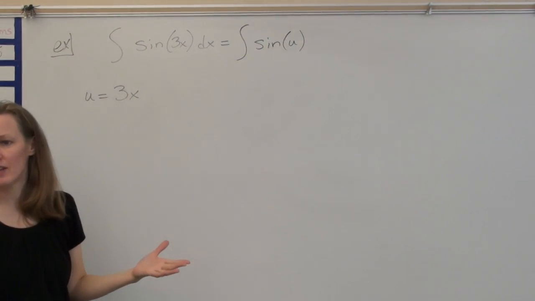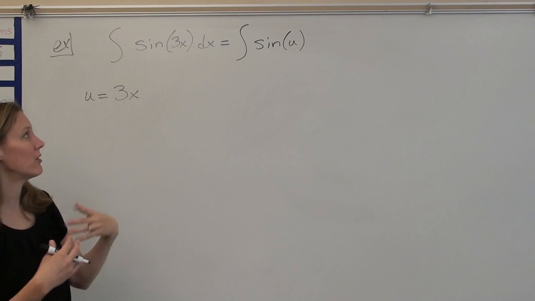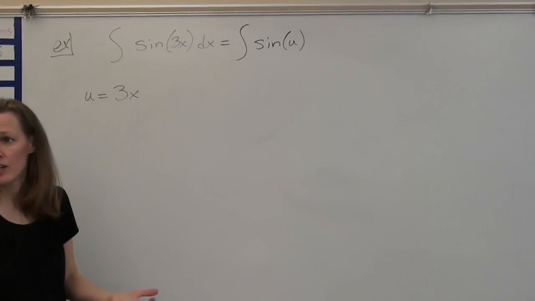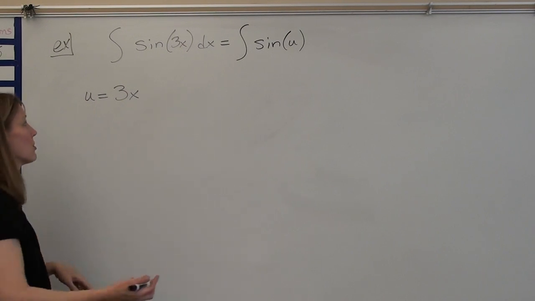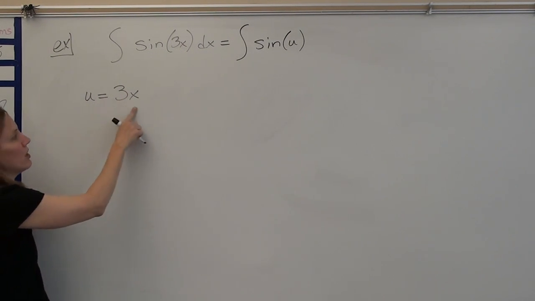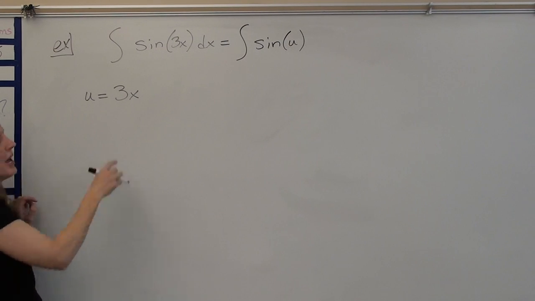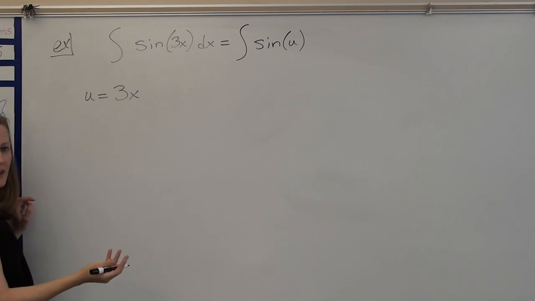How are we going to get a du there? You can't just pull the dx out and stick a du in and hope for the best. So we have to actually calculate what du needs to equal. Here's what we do. We go back to where u equals 3x, and we take the derivative of both sides.